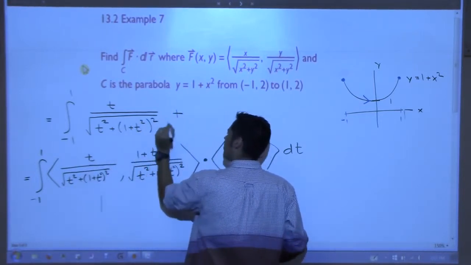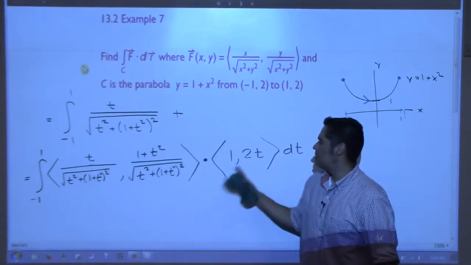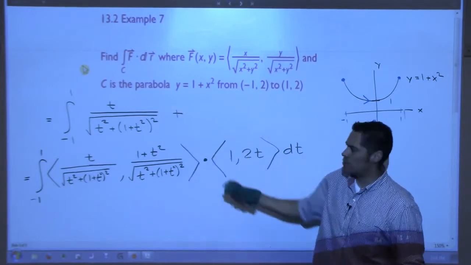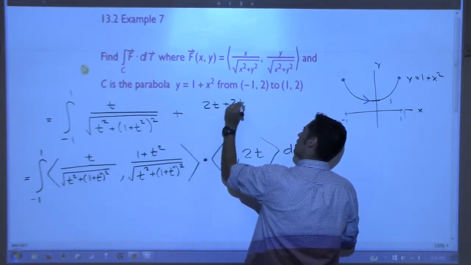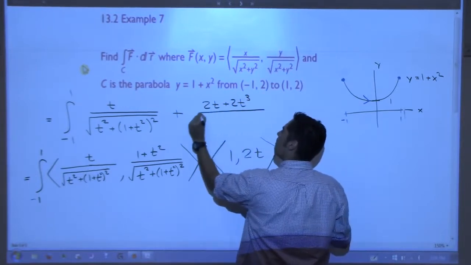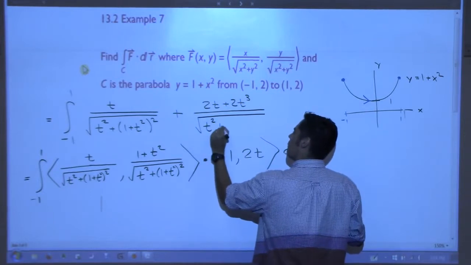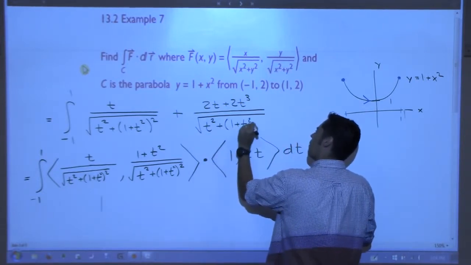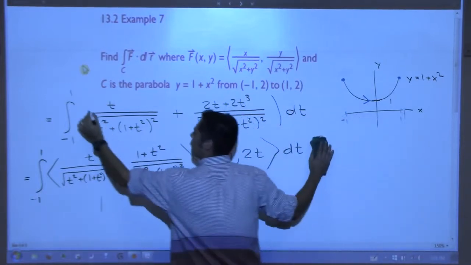But then plus, now this times this, which the 2t is like on top, so it just passes through and just becomes 2t plus 2t cubed over the same thing. All of this dt.